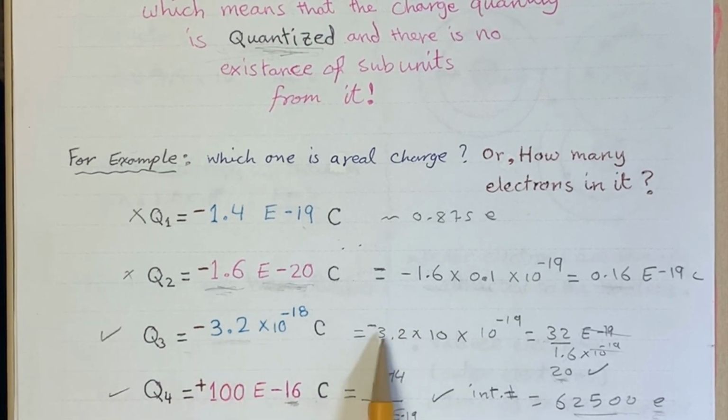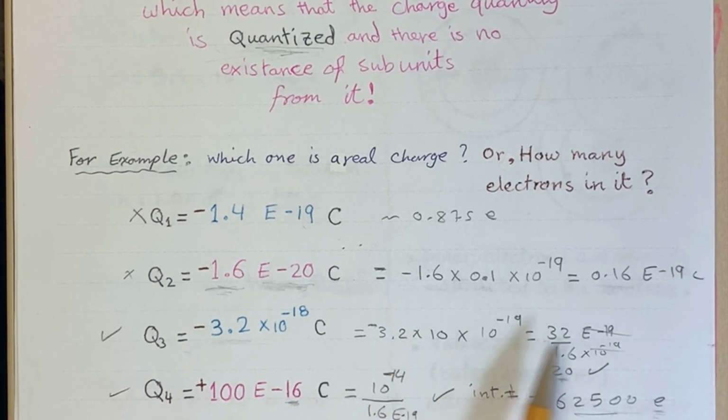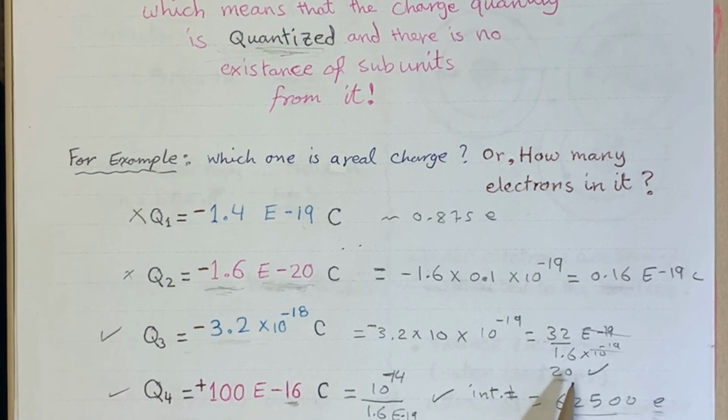So this charge equals negative 3.2 times 10 times 10 to the negative 19. This is equal to 32 times 10 to the negative 19. And if we divide it by the charge of the electron, 1.6 times 10 to the negative 19 again, it will give us 20. So we have 20, which is an integer number, or we have 20 electrons composing this charge. So it's a real charge.